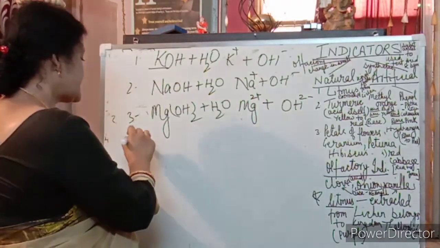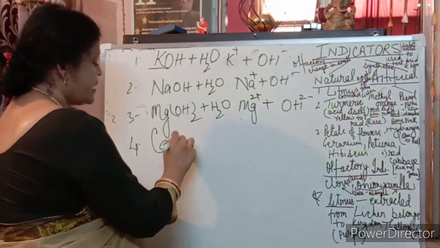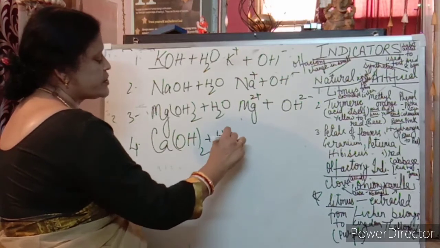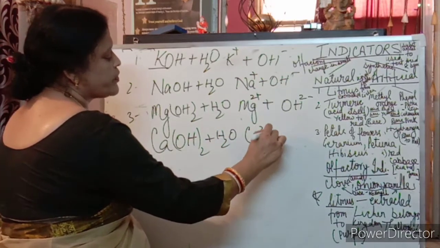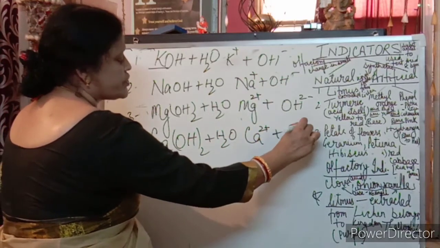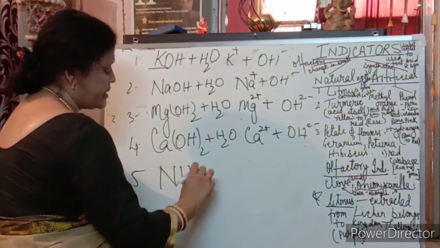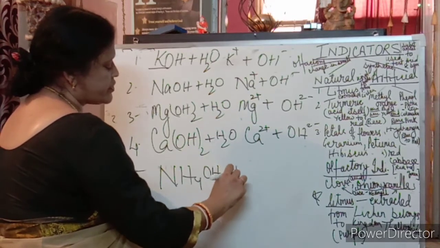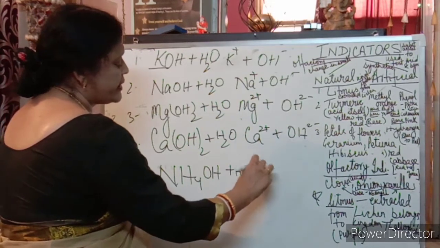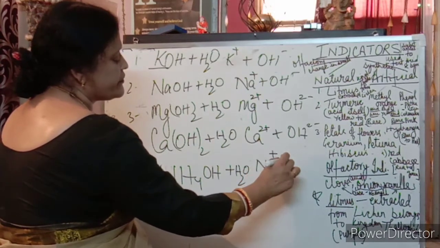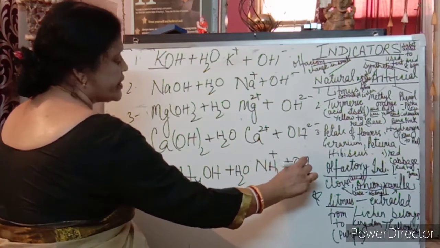Next, fourth, Ca(OH) whole twice plus water, making an aqueous solution, will form Ca2 positive plus OH negative. And fifth, ammonium hydroxide plus water, we make a solution, we will find NH4, that is the ammonium ion, which is 1 positive, plus OH negative ions.